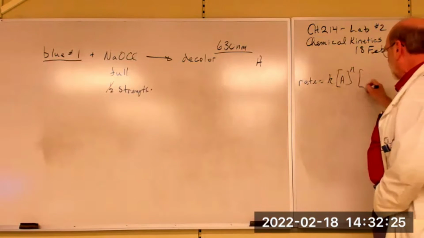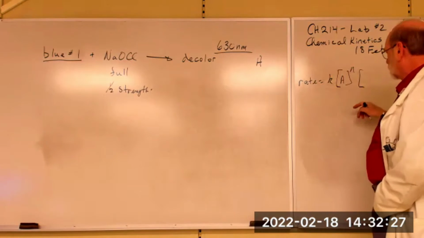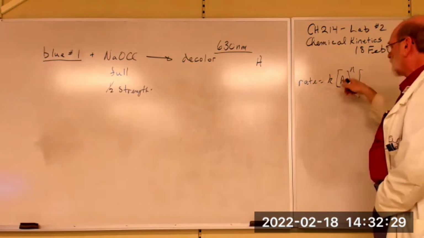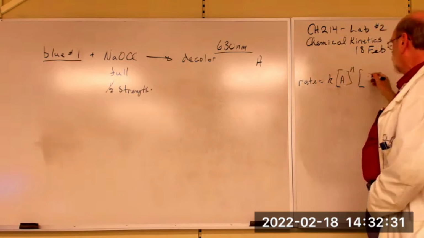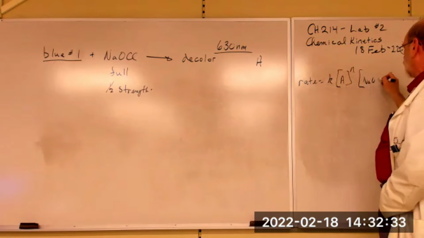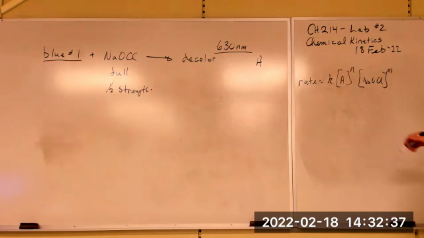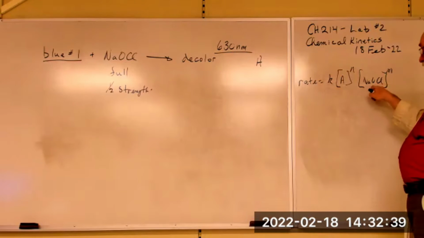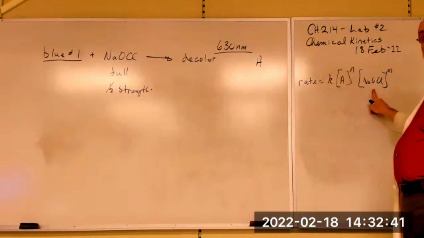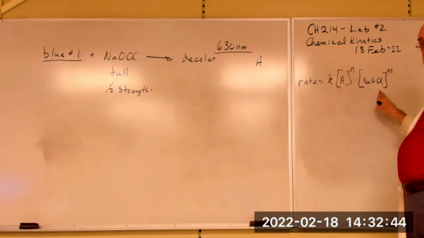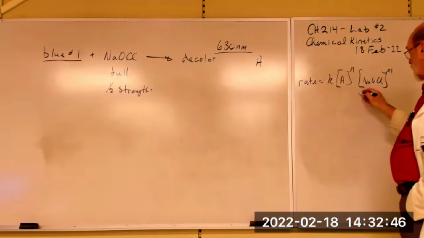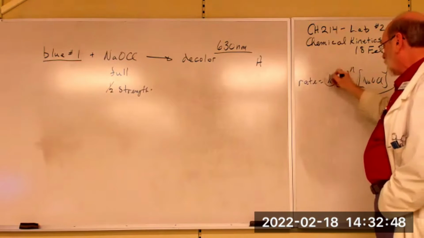So actually it's, I'm gonna leave that there. This is the blue dye, and this is the sodium hypochlorite concentration. Okay, if this is high enough concentration that it essentially doesn't change during the reaction, then we combine this one with that one.